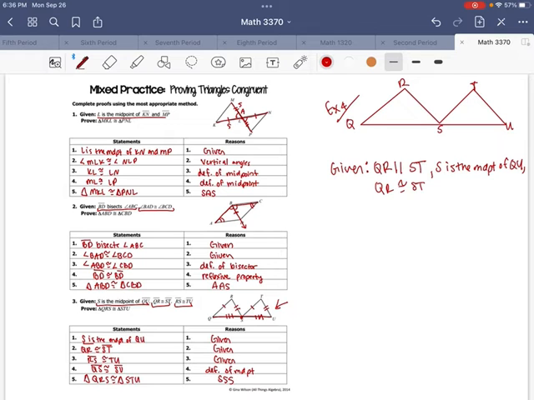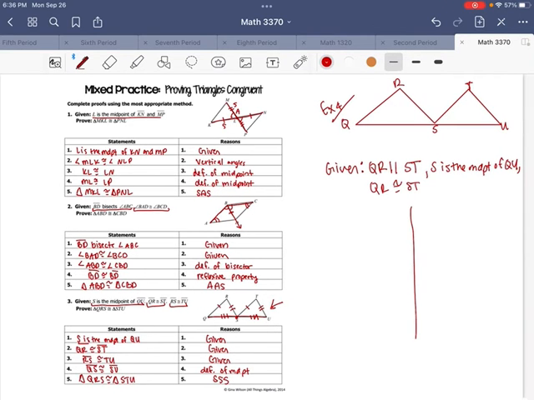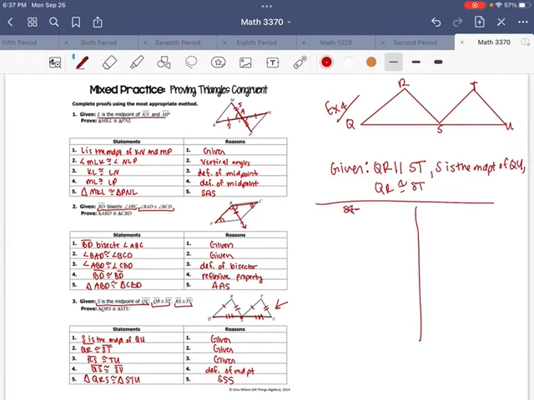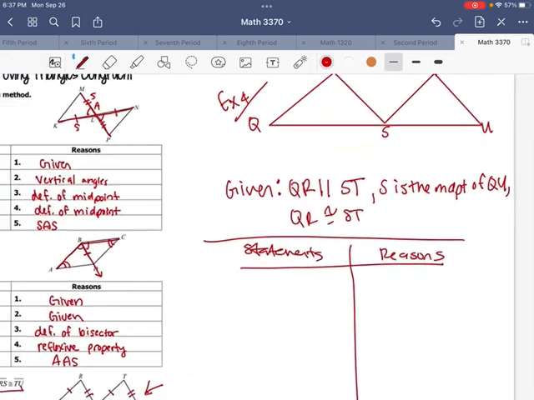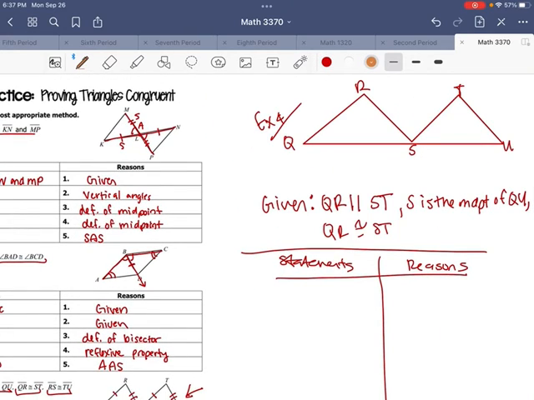So I'm just going to do statements over here, reasons over here. Let me change my color since I wrote the problem in that. So we have 3 givens. 1, 2, 3. QR is parallel to ST. S is the midpoint of QU, and QR is congruent to ST. I think I'm going to need one more step, and then my proof can go on the last one, which I didn't even write.